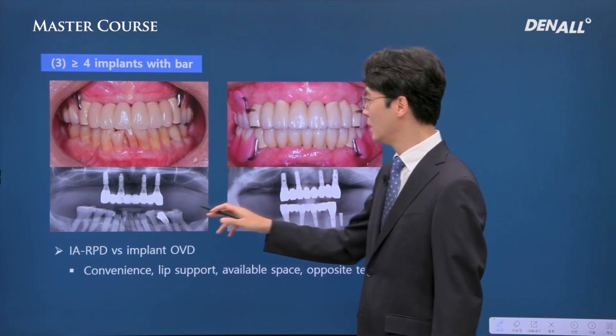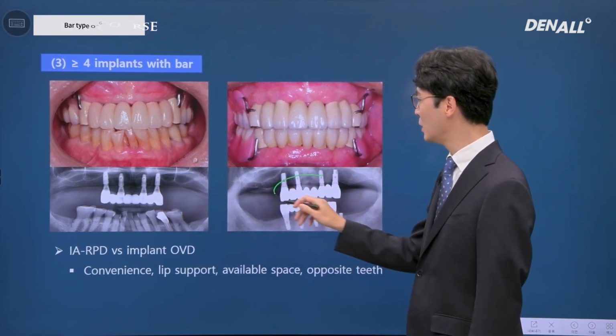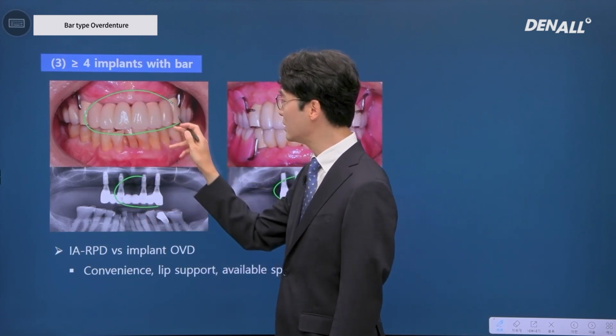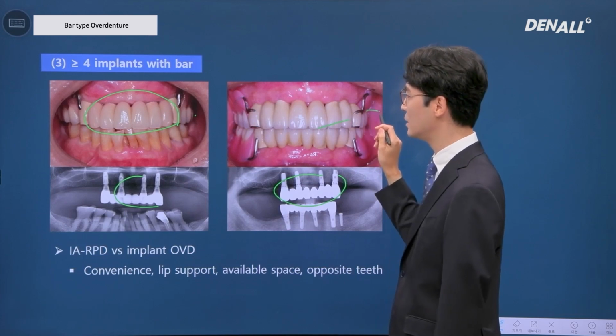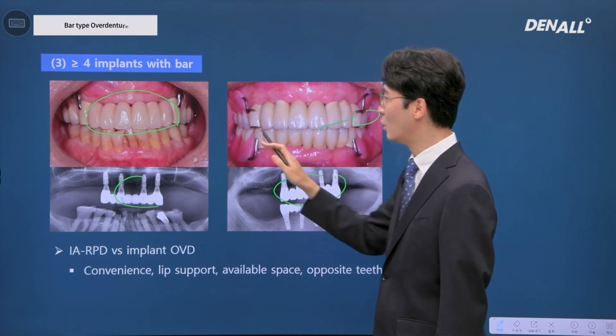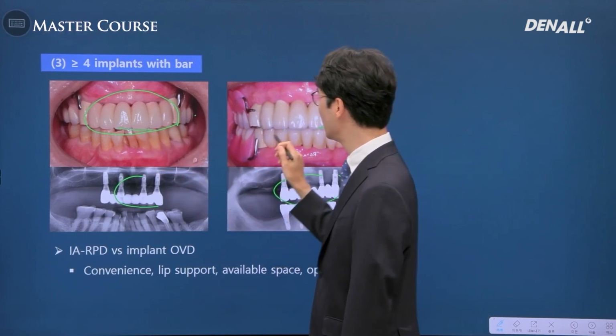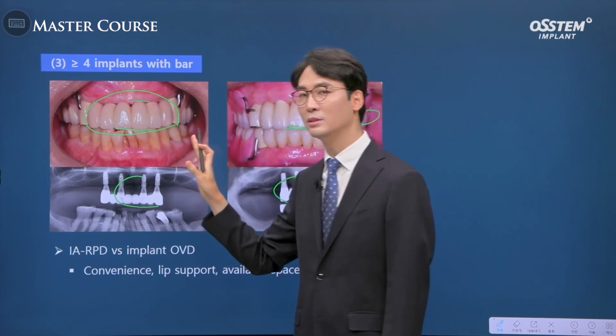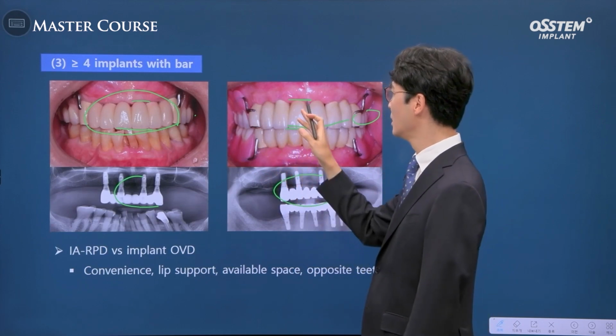In this case, in a fully edentulous patient, 4 implants have been placed in the anterior area, a fixed prosthesis was delivered, and in the posterior area, a Class 1 RPD was fabricated. It's clear that the distance from the incisal edge of the occlusal table to the gingival line is less than 14 millimeters. It looks about 10 to 12 millimeters.